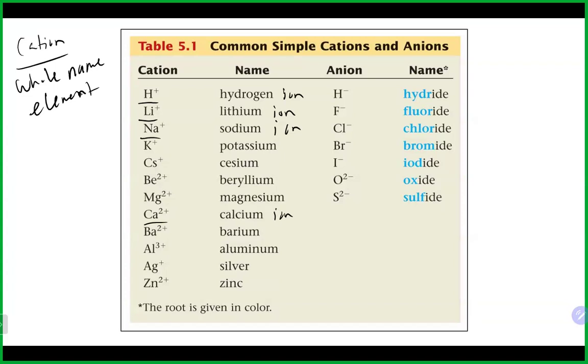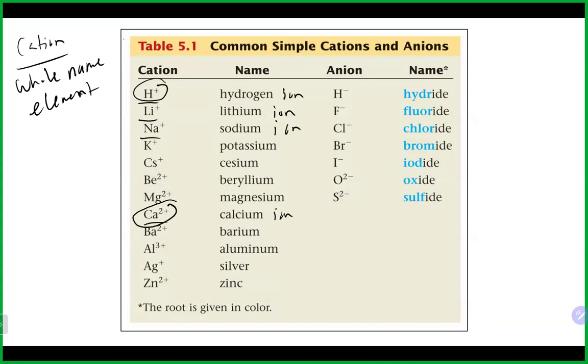If it is a positive ion, you pretty much just roll with the whole element name. Nothing really changes. If it's just the ion by itself, like you can see here, we have the symbol and the charge written, and again, we just use the whole name.